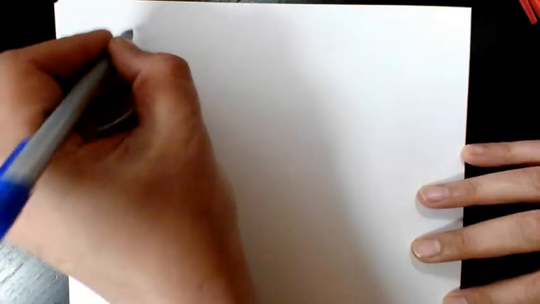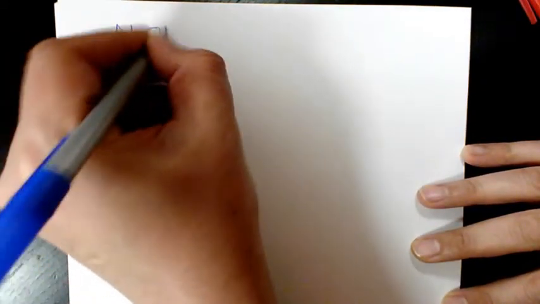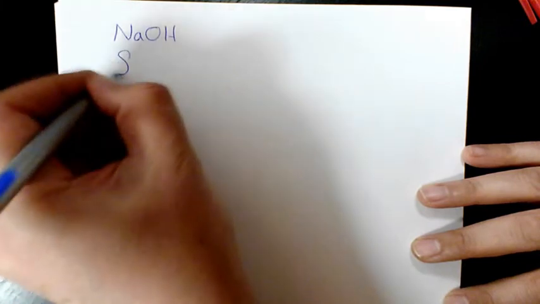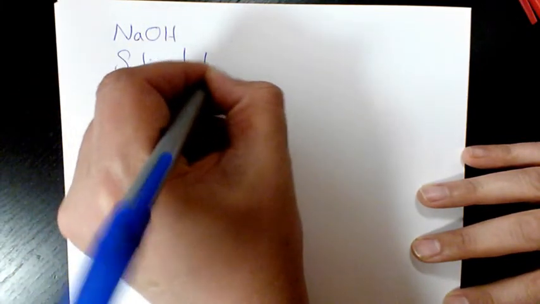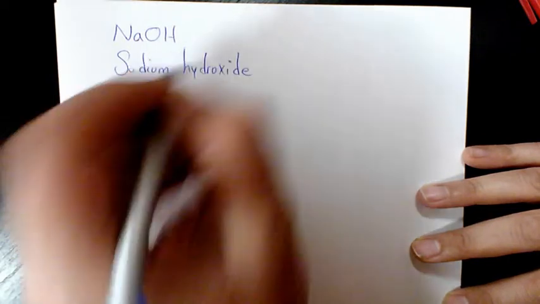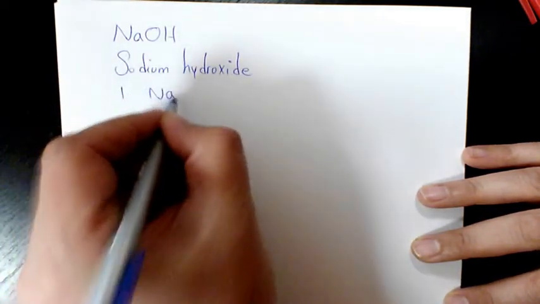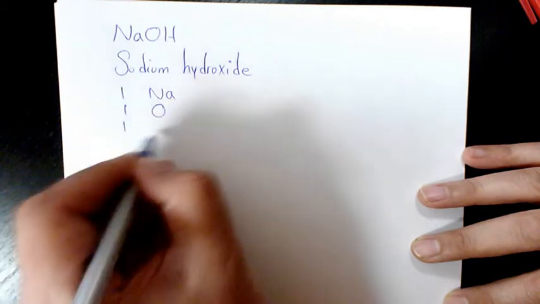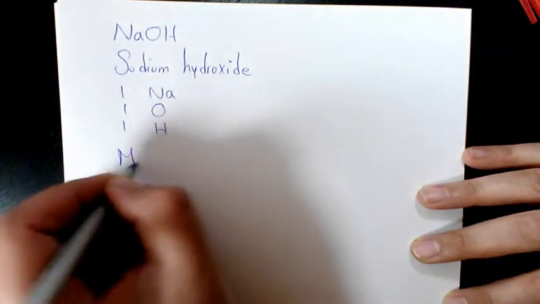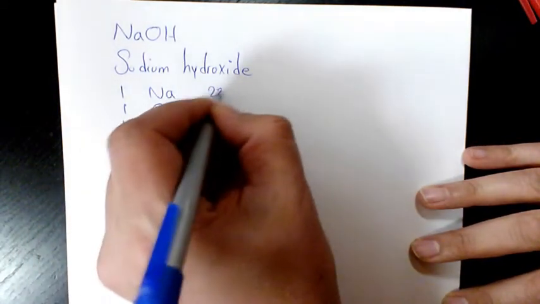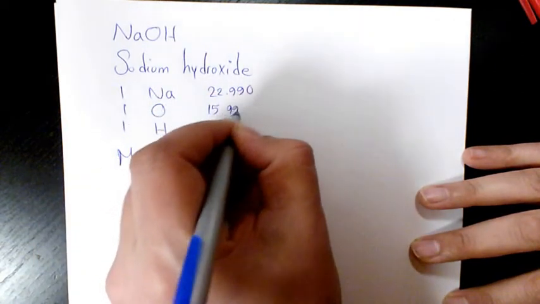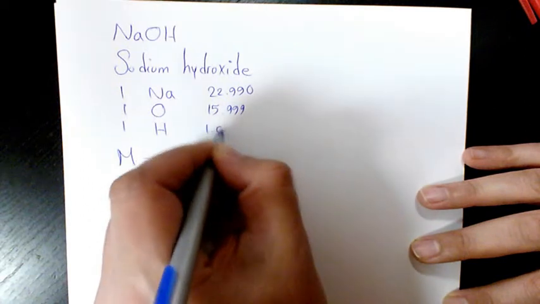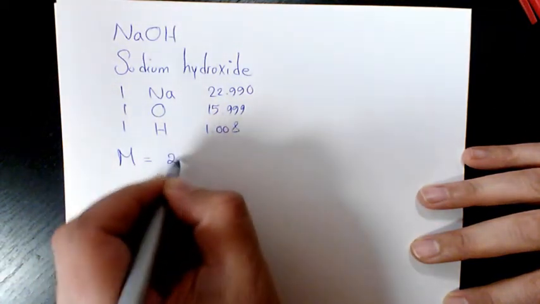Next compound is NaOH, which is very famous. Sodium hydroxide. We have 1 atom of sodium, 1 atom of oxygen, and 1 atom of hydrogen, which is gonna be 22.990, 15.999, and 1.008. And you need to add them all.